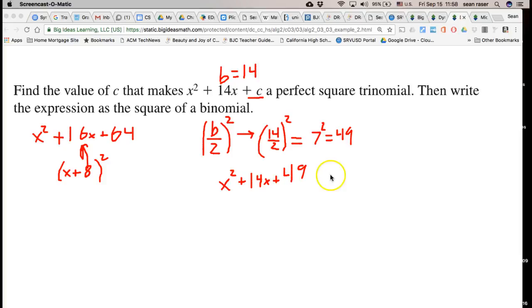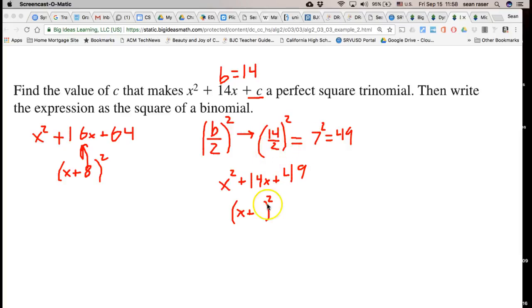If we factored that, we just get x plus, and notice the value that goes inside our binomial to make it the perfect square is just b over 2. In the earlier example, it was 16 over 2, so we got x plus 8.